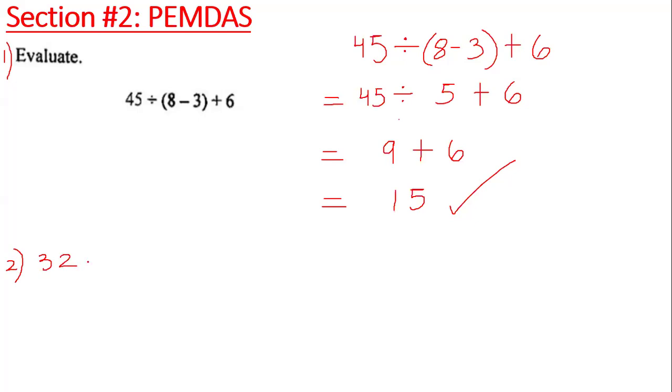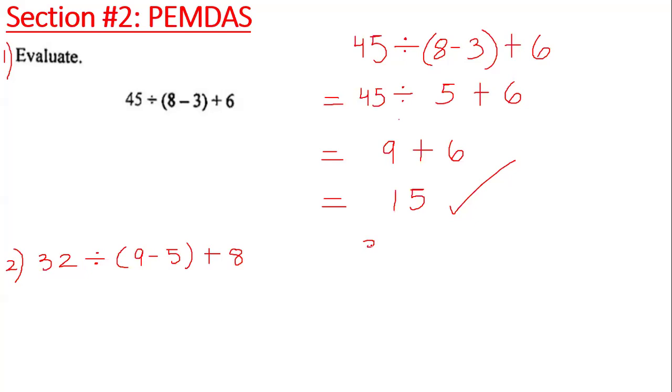Put your answer inside the chat as well. Write this down and then put your answer inside the chat. 32 divided by, let's say we have 9 minus 5 plus 8. And then let's do number 3.